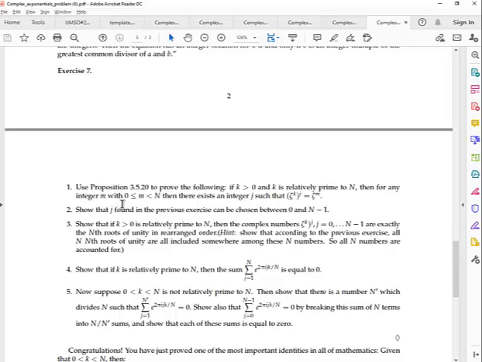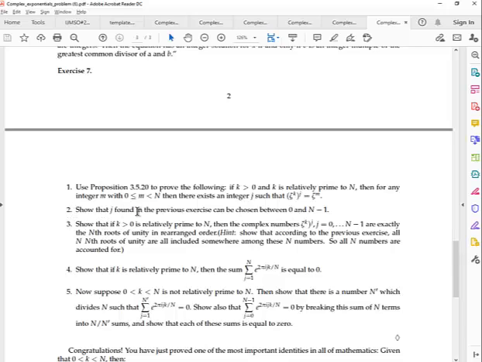Any integer m in this interval and any k that's relatively prime to n, I can take the kth root of unity, raise it to the jth power, and get the mth root of unity. In other words, I can say that if k is relatively prime to n, then zeta to the k can generate all the other roots. Right?